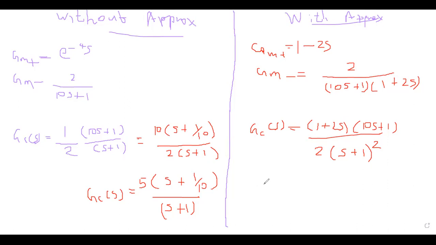If you take 10 out of this, you will get 1 over 10 plus 105. So it's this here plus 1/10.